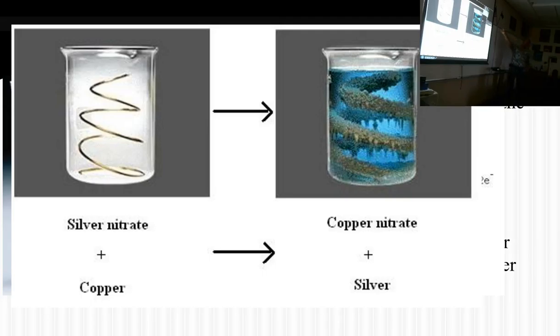The silver clumped up out of solution is a solid, so it's by itself. And so its oxidation number went from positive something to 0. Its oxidation number went down, it's reduced. And the copper by itself had an oxidation number of 0. It became an ion, it became plus something, it went up, so it was oxidized.